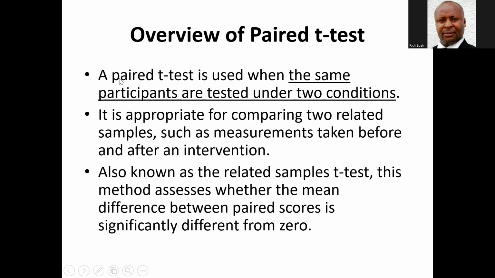Now, the paired t-test is used when the same participants are involved or are being tested under two conditions. That is, the same participant A does condition one at time X, and the same participant A does condition two at time Y. What we are simply saying here is that the participants that are involved in one aspect of the experiment will be involved in the other aspect of the experiment.